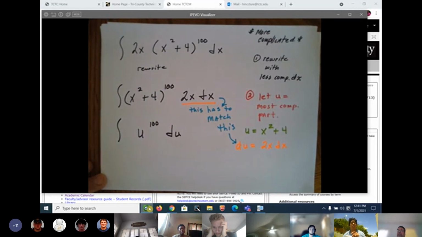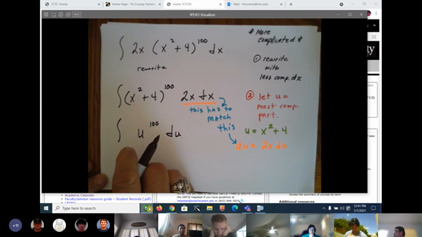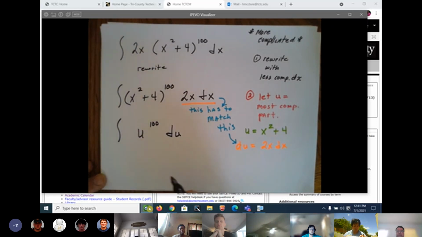That means I want somebody to say something. What is the antiderivative of u to the 100th power? Y'all don't know your power rule? You raise the exponent by 1 and then what?